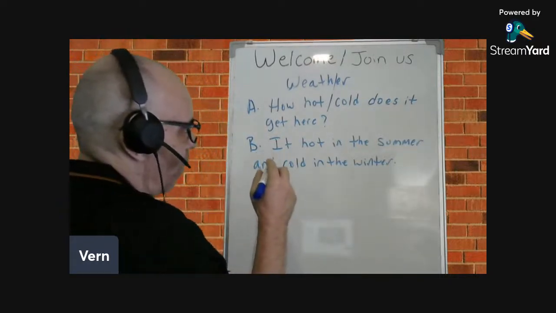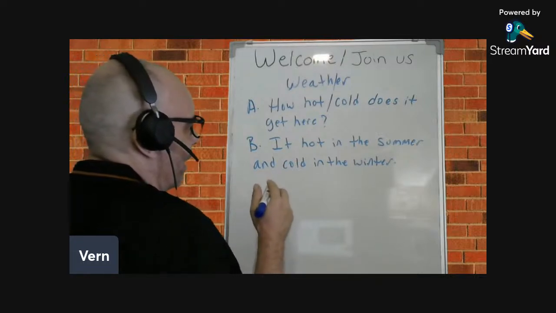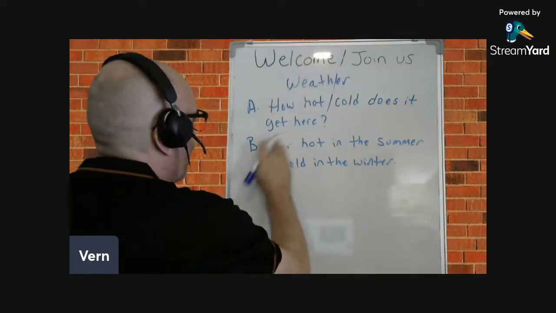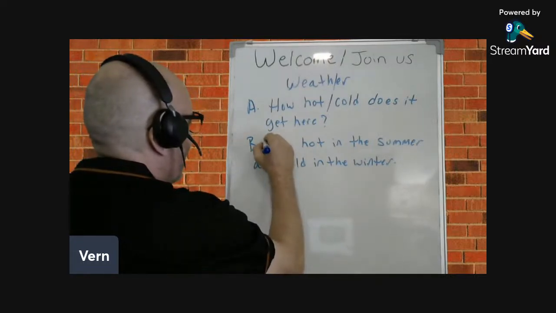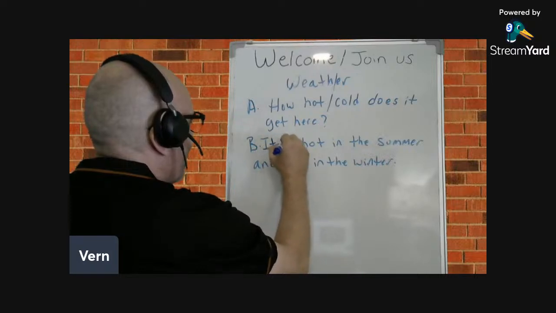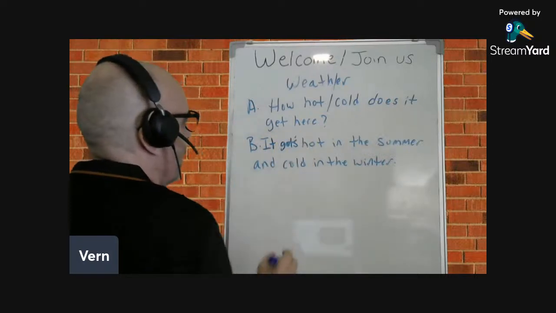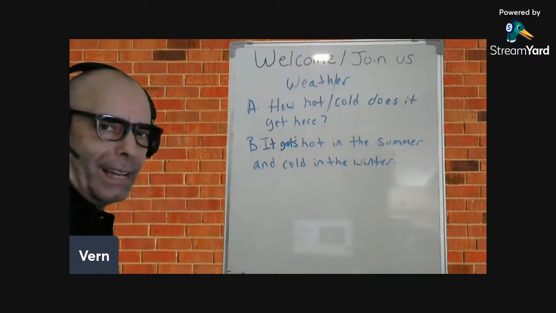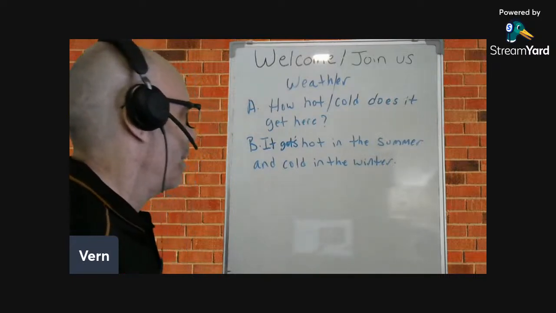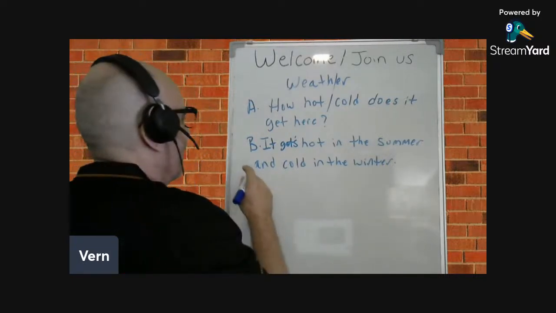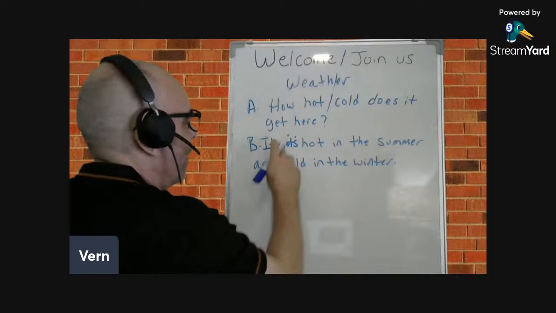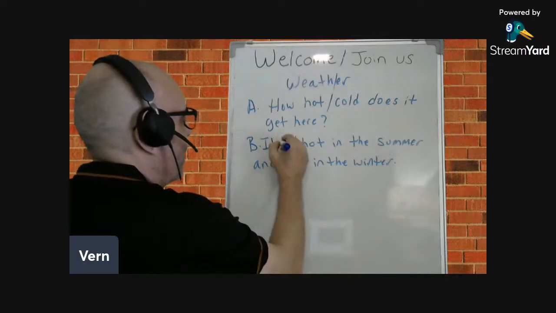How hot or cold does it get here? It gets, I missed it. Did you notice that? It gets hot in the summer. Yeah, hopefully you caught that. I messed that up, but we fixed it here. All right. It gets, let me make this a little bit easier to read.